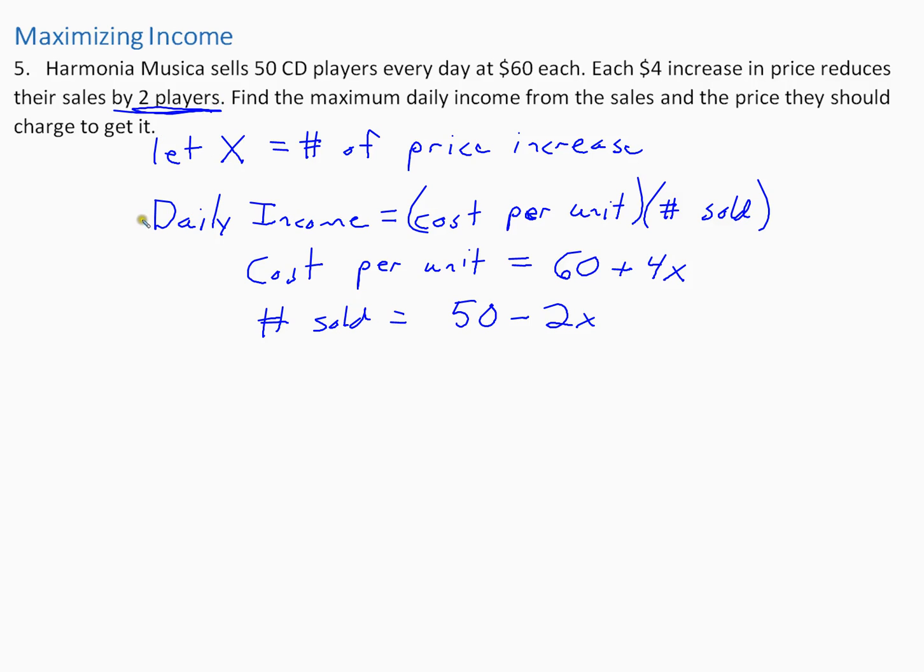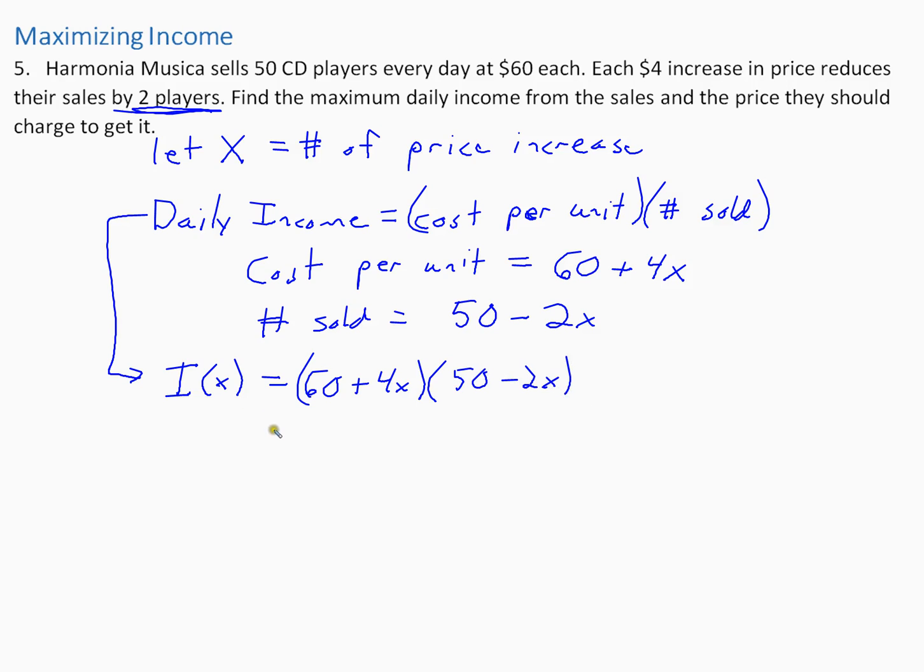Now we're going to take this equation and let's just say I of x, that's our income based on the number of increases. So I of x equals the cost per unit, which was 60 plus 4x, times the number sold, which is 50 minus 2x.